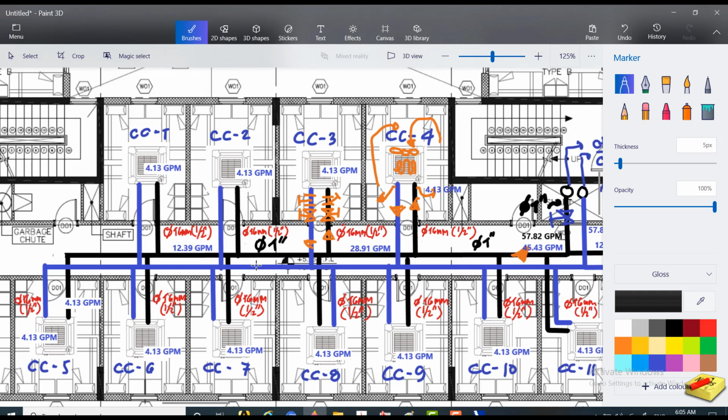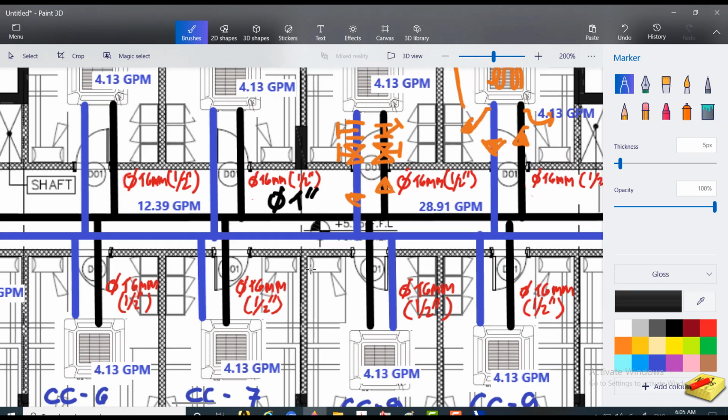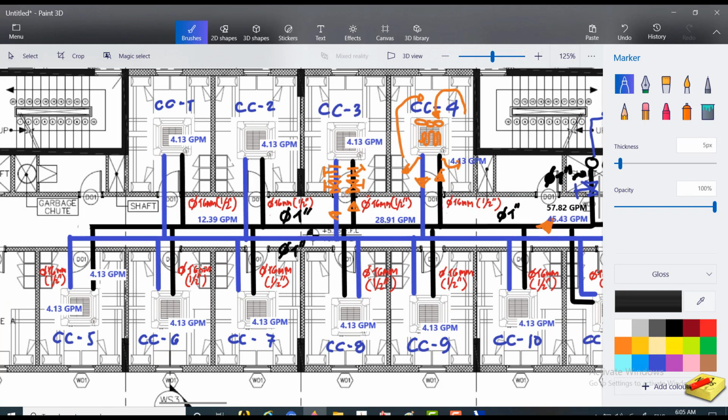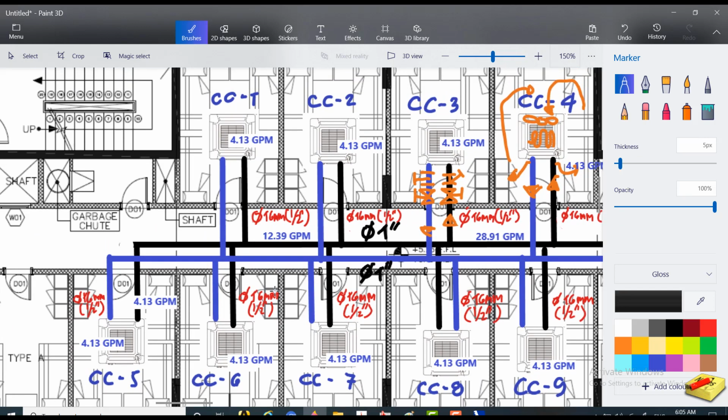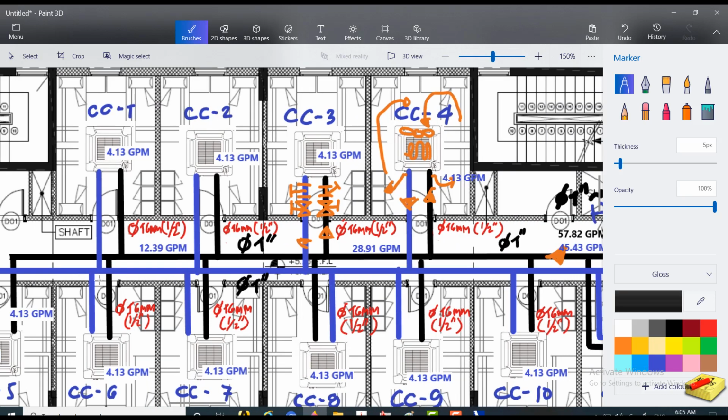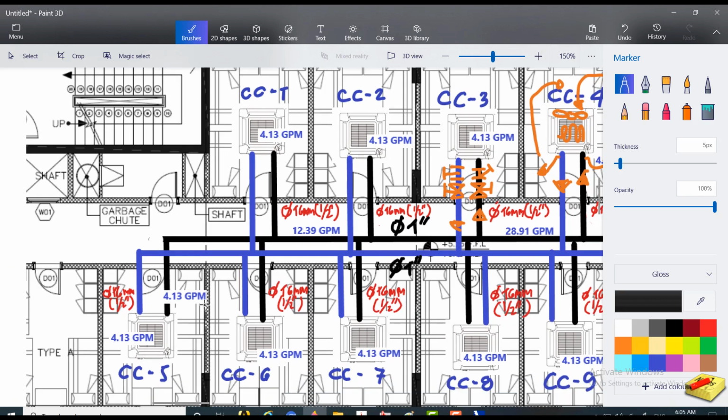And the same also yung return, we'll be putting also 1 inch. So 1 inch, 1 inch. Then this one we'll be putting here also 1 inches. Here also 1 inches.